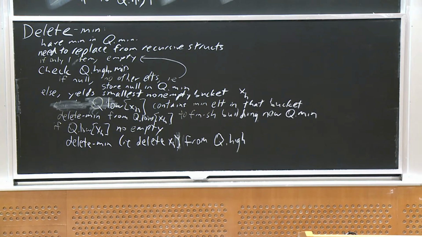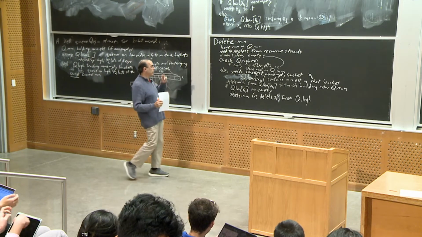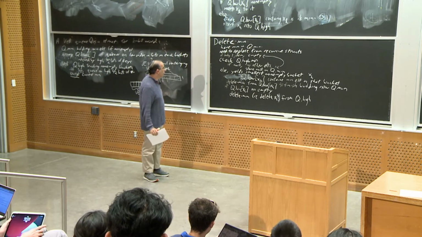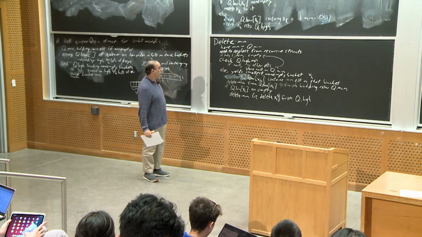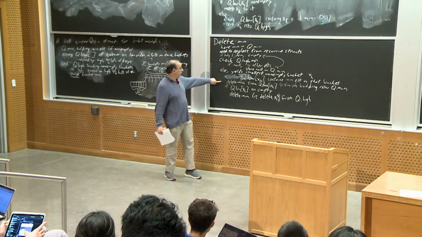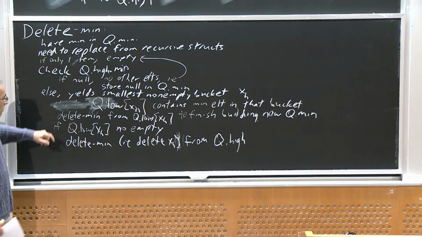So what's the runtime of this algorithm? Well, the story is much the same as for insert, which is no surprise because it's just running insert backwards, right? So we do a recursive delete min on a b over 2-bit data structure, right? And if we're lucky, we're done, right?